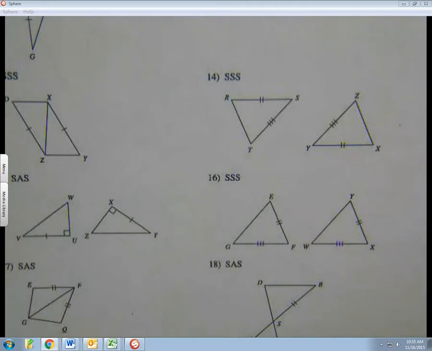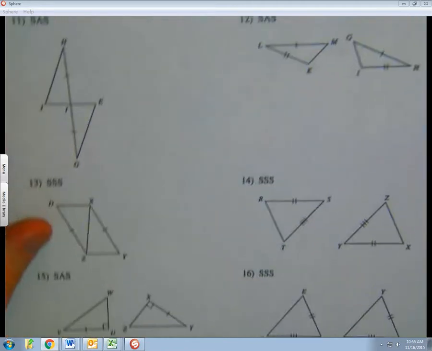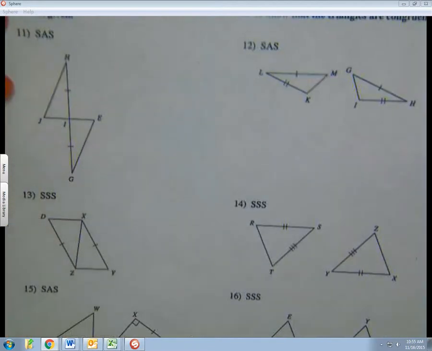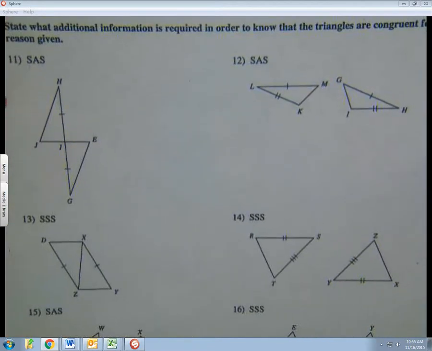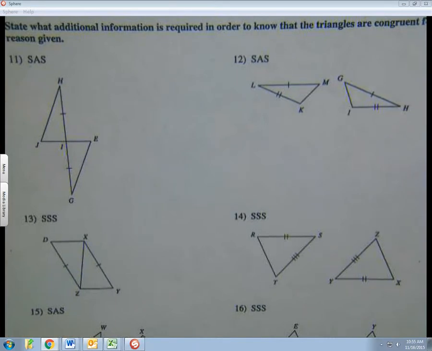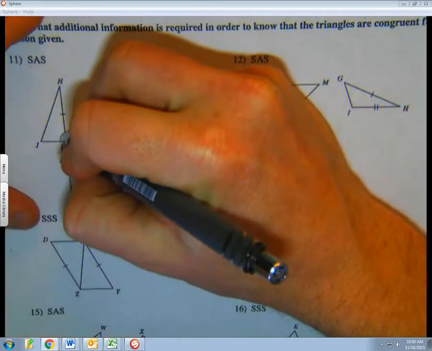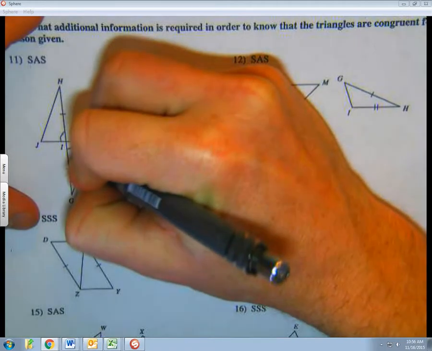All right, so these are a little bit different. State what additional information is required in order to know that the triangles are congruent, for the given reason. A little review here. We should know that this angle is the same as this angle, because these are vertical.